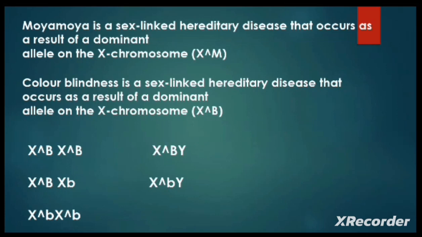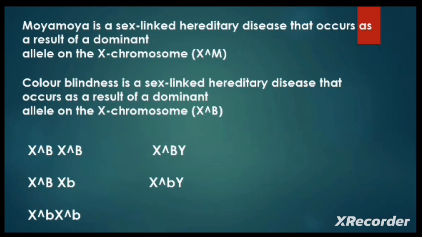Moyamoya is a sex-linked hereditary disease that occurs as a result of a dominant allele. So color blindness is a sex-linked characteristic, also hemophilia, right? But then the examiner might tell you that moyamoya is a sex-linked hereditary disease, although you haven't learned about moyamoya. He might also say gonorrhea is a sex-linked characteristic.